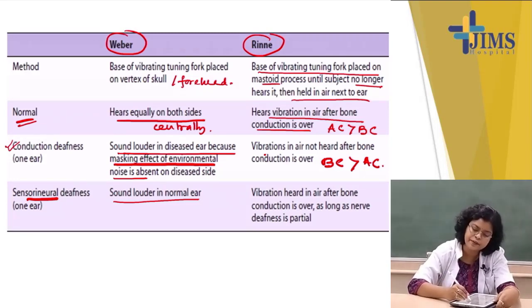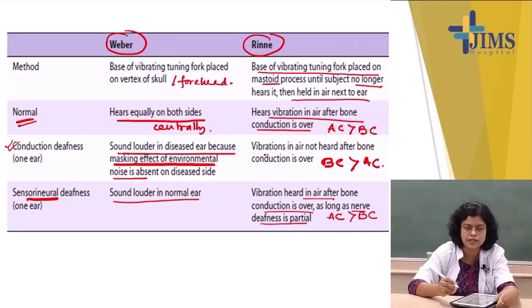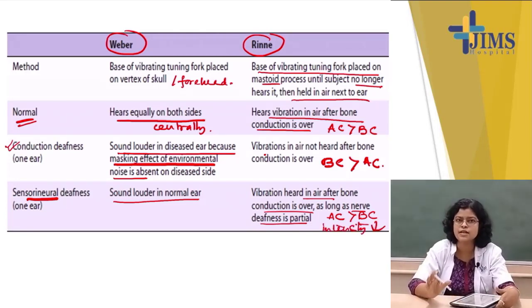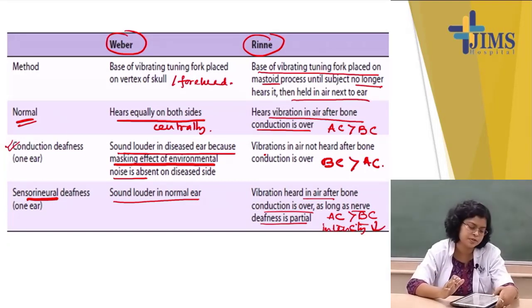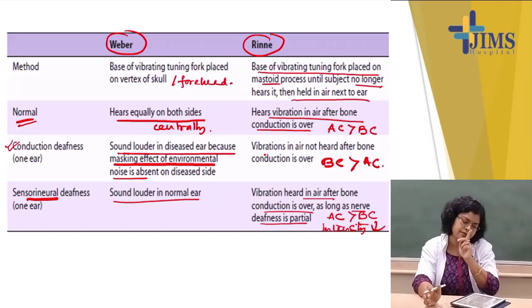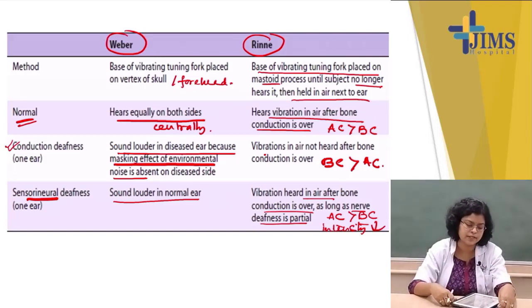The vibration will be heard in air after bone conduction is over, as long as nerve deafness is partial. So when nerve deafness is partial, air conduction is more than bone conduction, but intensity is decreased. Okay, so this is how you have to tell in the exam how to differentiate between conductive and sensory neural deafness with the help of Weber's and Rinne's test.